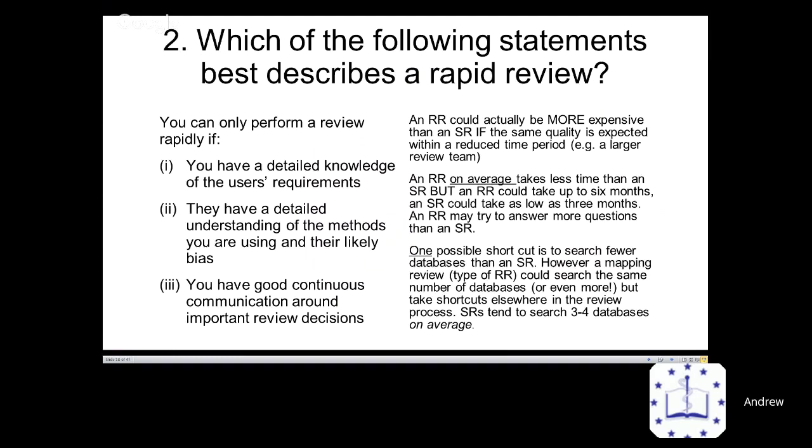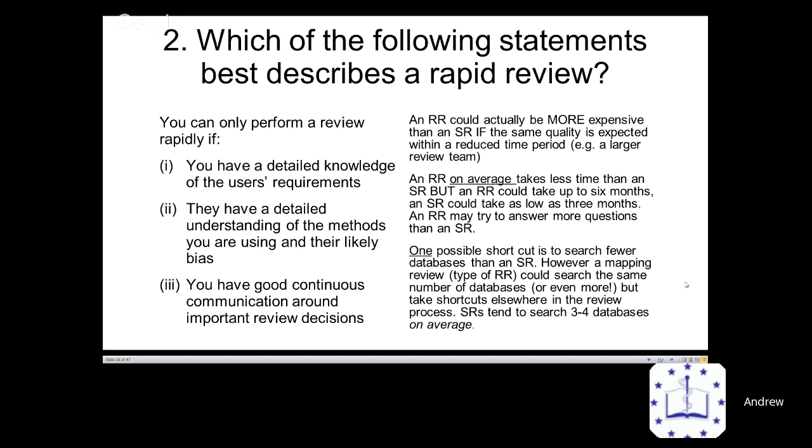So we can't distinguish a rapid review on price, because it could actually be more expensive than a systematic review. If you want a clear answer in a very reduced time period, you might have a larger review team. So you could be spending the same money in a shorter period of time. You could be spending more money.